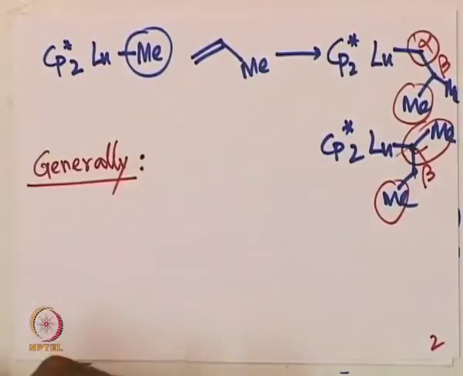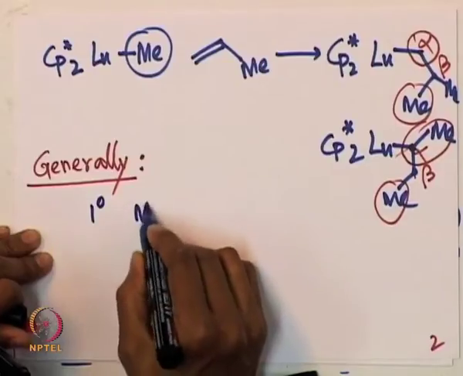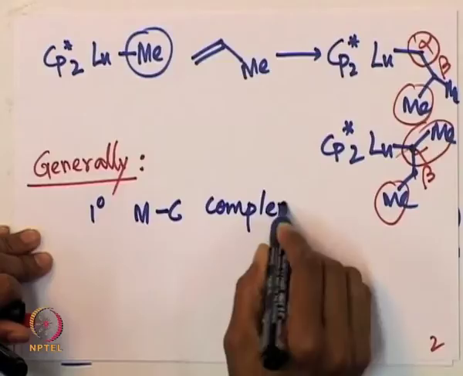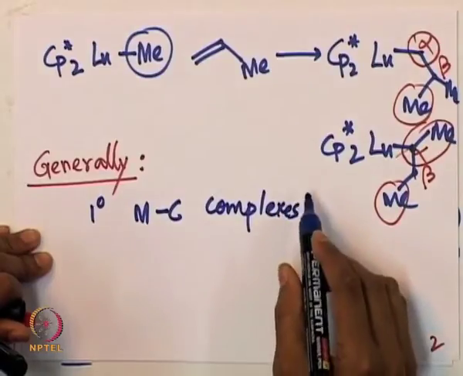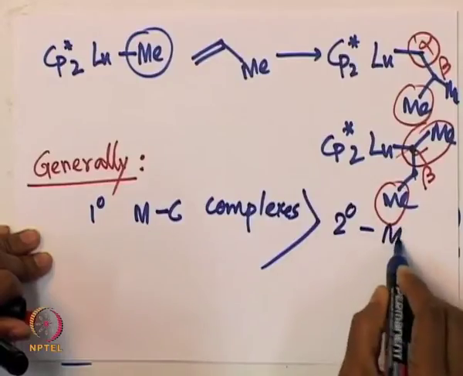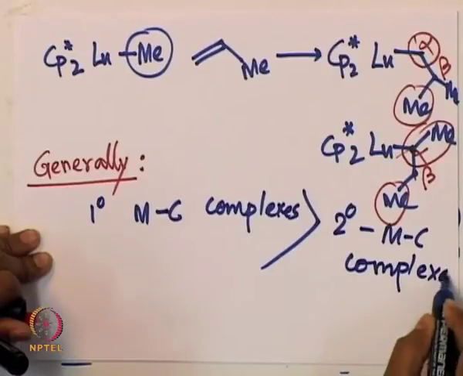Generally, primary metal carbon complexes, or metal alkyl complexes, are preferred over secondary metal carbon complexes. So, that is in terms of the stability.